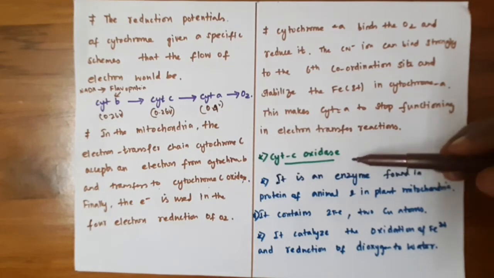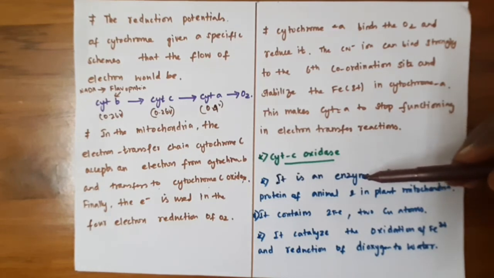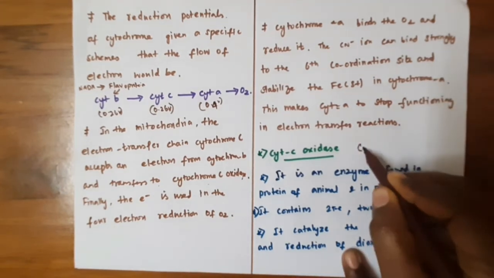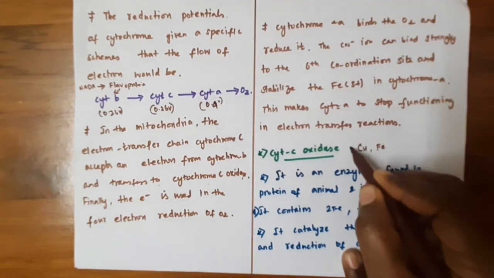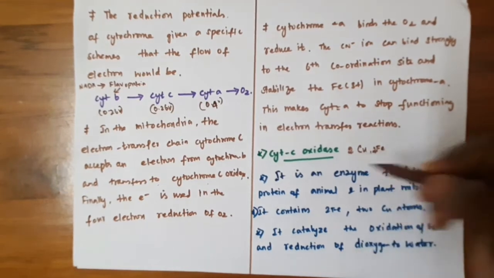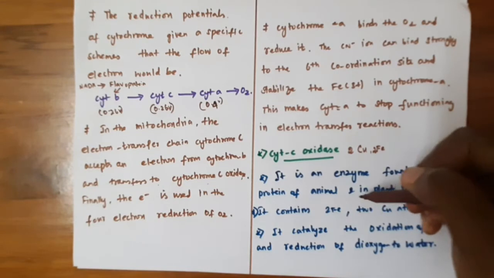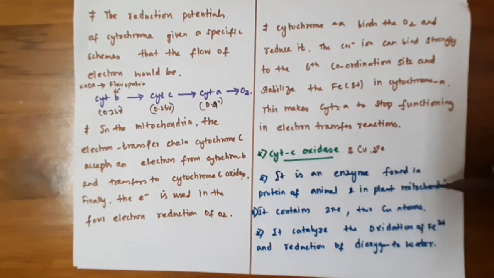So as I told you already, cytochrome C oxidase is a metalloenzyme which contains two types of metals, copper and iron. Two copper and two iron atoms are present in this cytochrome C oxidase. It is present in the protein of animal and plant mitochondria.